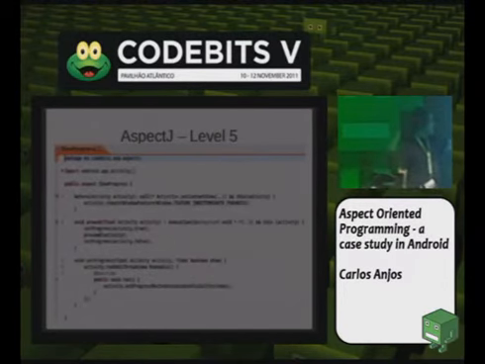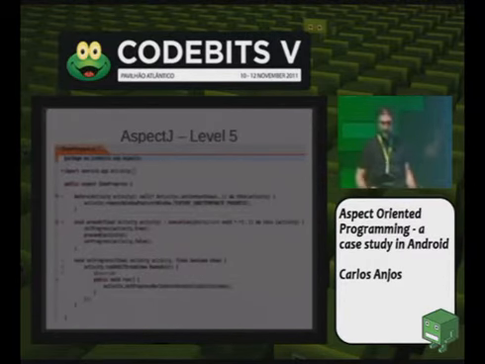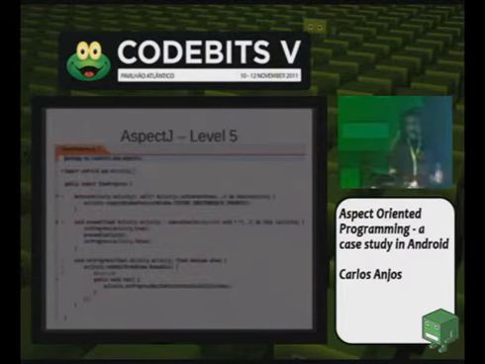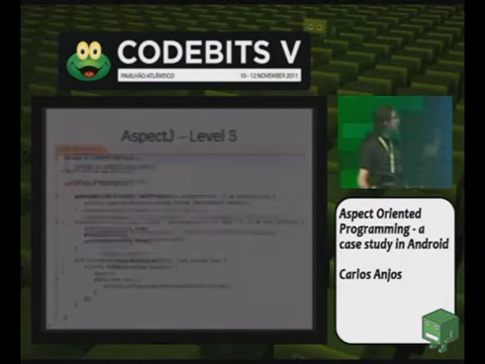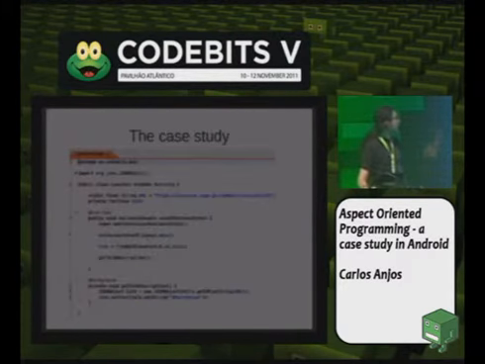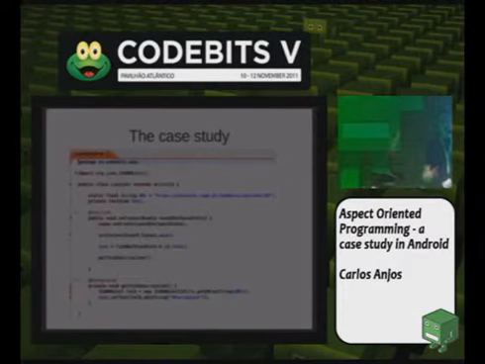And here I'm showing that aspects can have their own methods. So this is an aspect, and it has this method that's called by an around advice. And also, for that to work, in every class that needed the progress bar, before setting the content view, you have to call a special function.